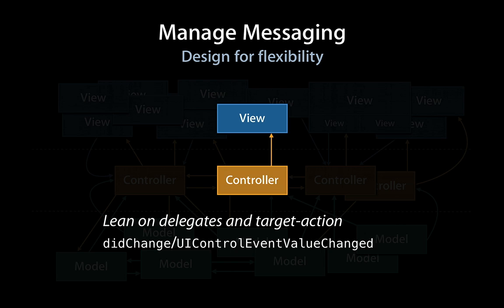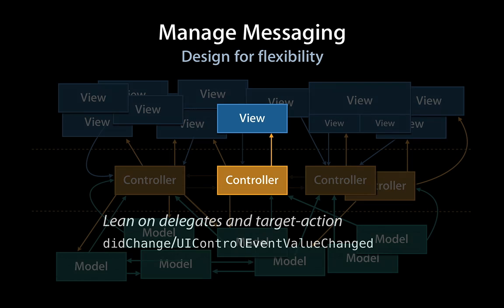It's not a kind of communication now that you need to worry about in a first-class way. Again, lessening the burden that you have in trying to keep this entire message graph managed and in your head.